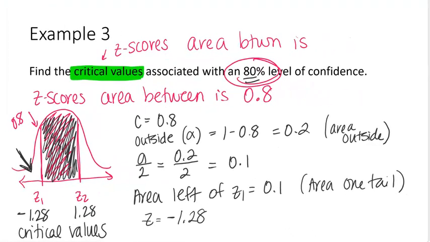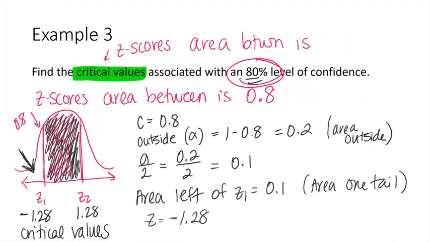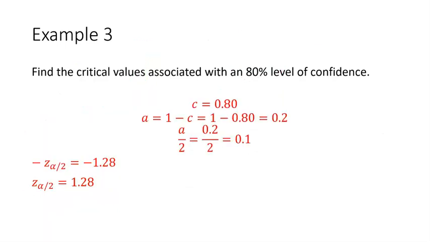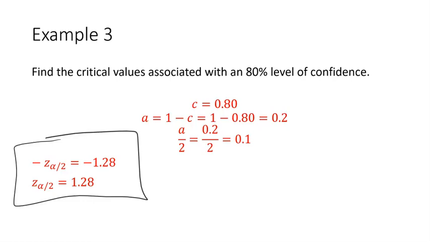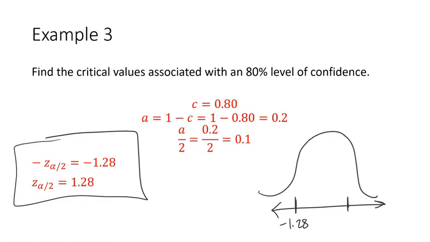So coming back over here to our lesson, our critical values would be the positive, negative 1.28. And all that is are the two z values that give me 0.80, 80% probability in between them.